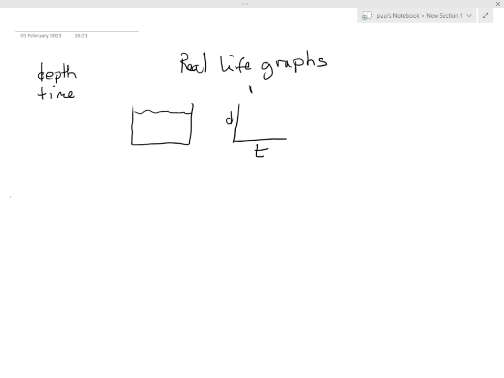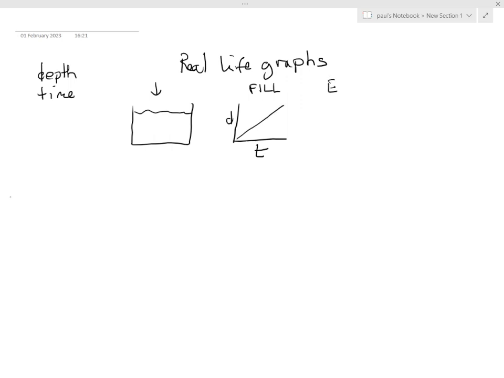We're going to fill the container with water at a constant rate. Because the sides are parallel to each other and vertical, the depth would also increase at a constant rate. So you get a graph like that.